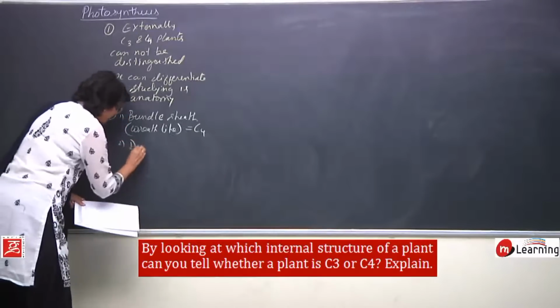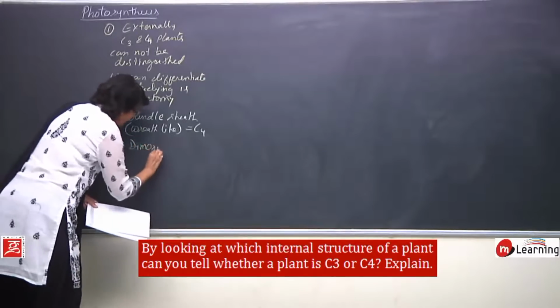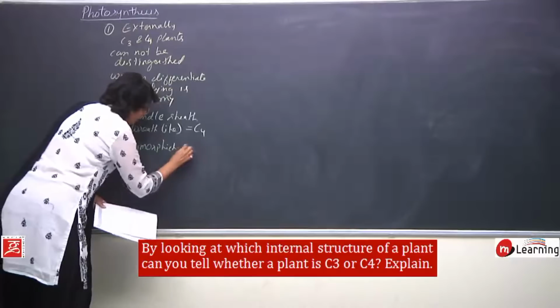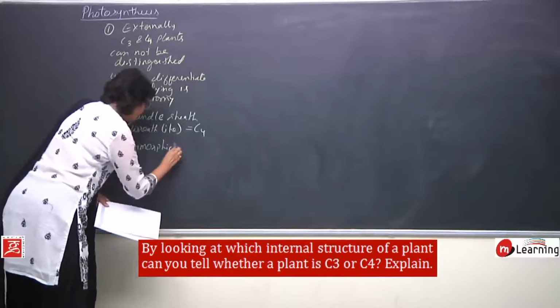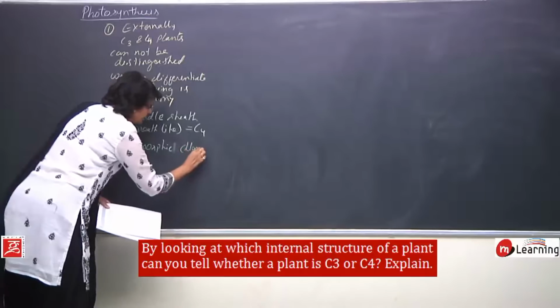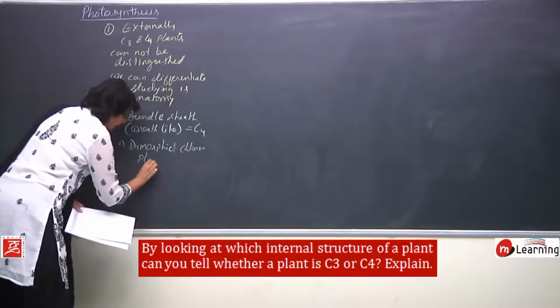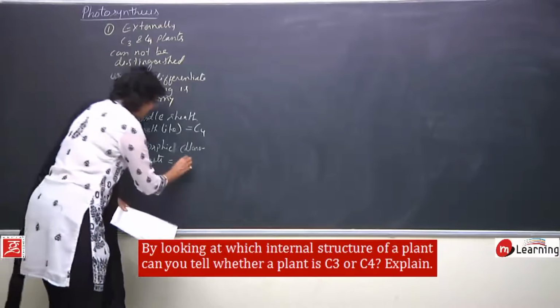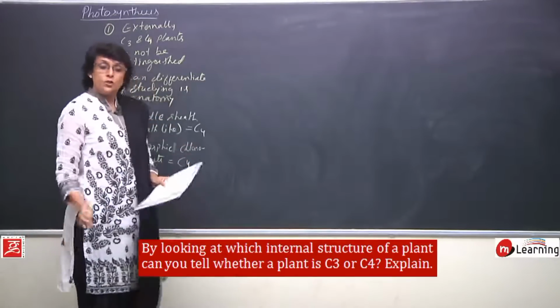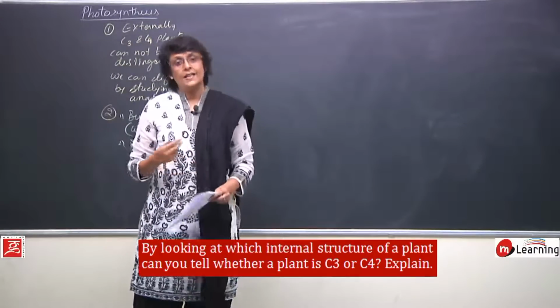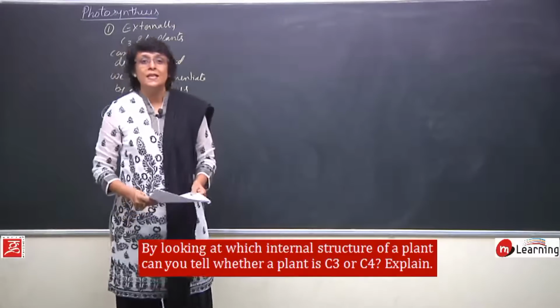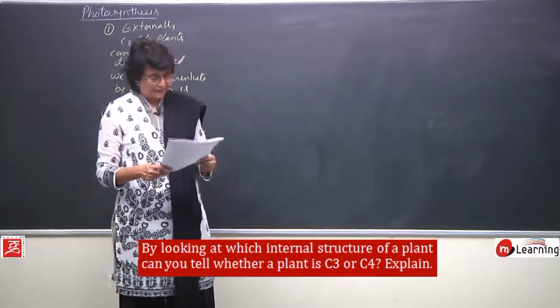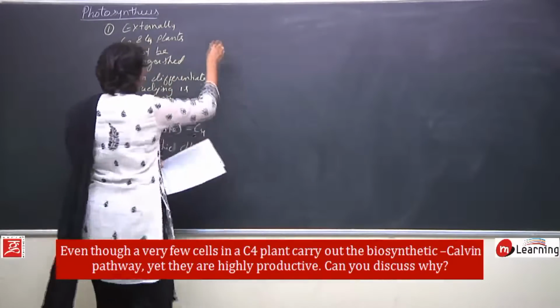Second, if we see dimorphic chloroplast, then we can conclude that the plant is a C4 plant. So internal structures can help us distinguish between C3 and C4. Third question.